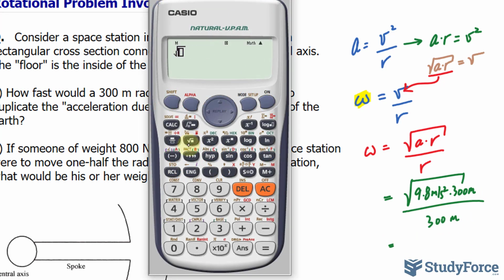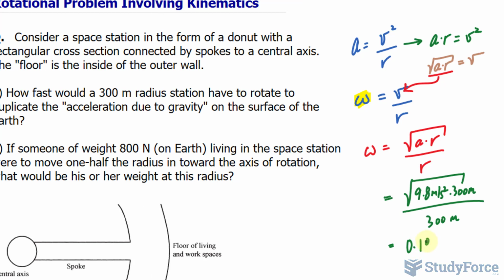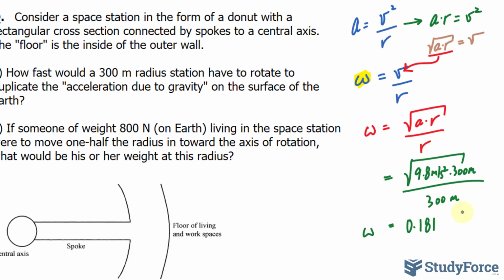The square root of 9.8 times 300 divided by 300. And we end up with 0.181 rounded. 0.181, and the units will be per second.